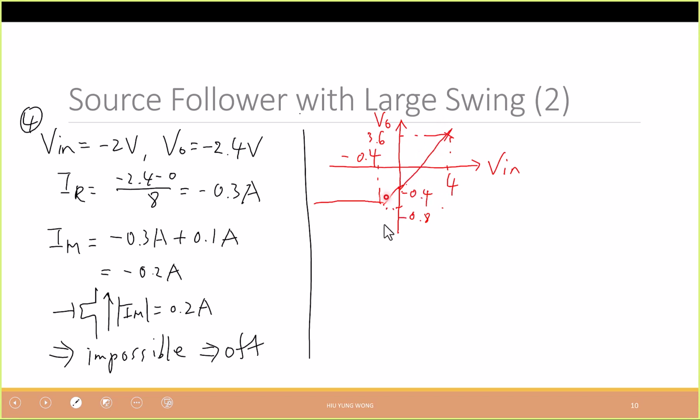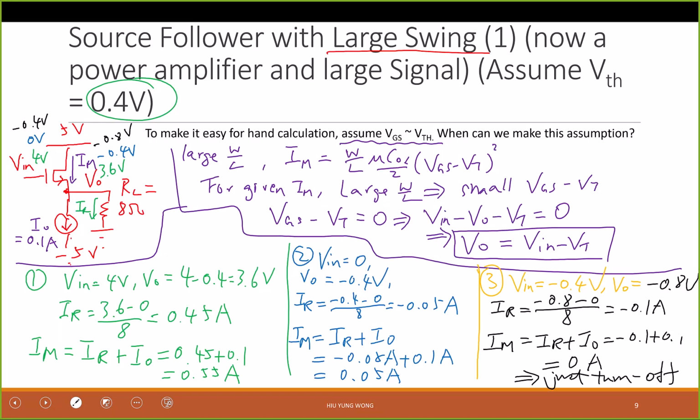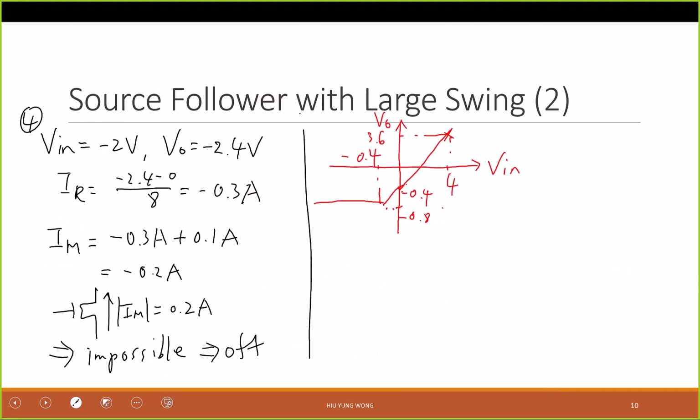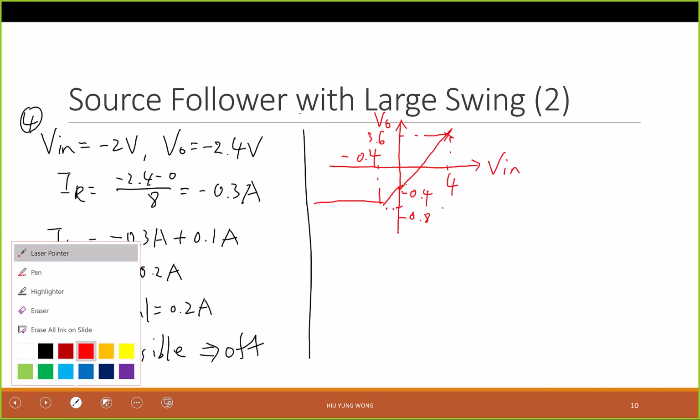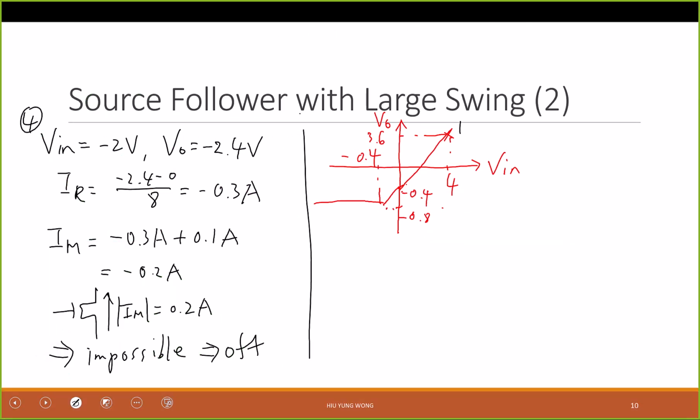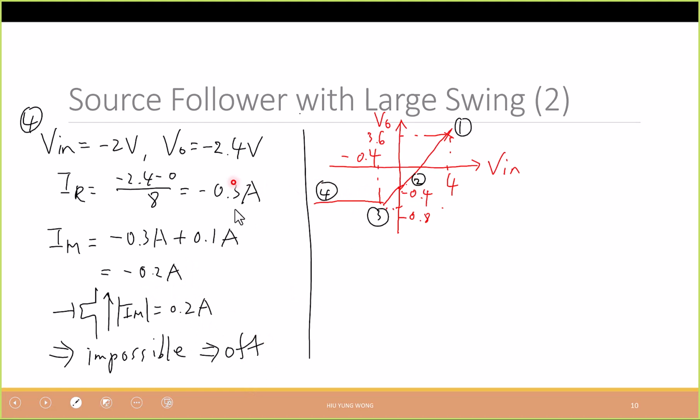But it still works until it reaches negative 0.4, right? So basically, you have this free region. This is 1, right? And then where your input equals 2, and then 3. And eventually, this is maybe 4, which is impossible. You don't get this, so it keeps getting off. Right? It is off, and then you just keep at that stage.